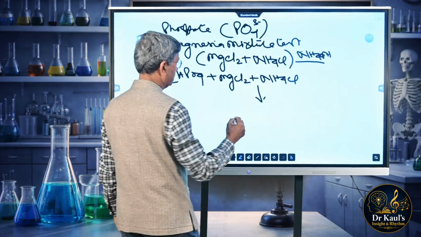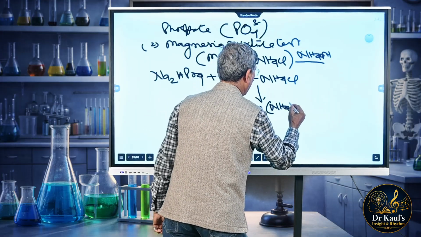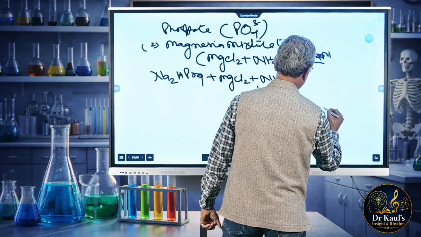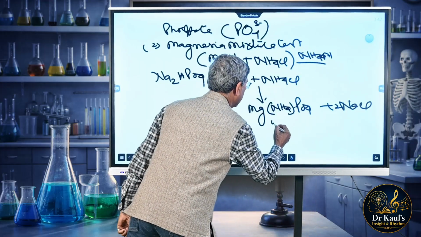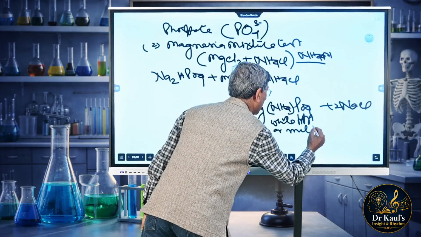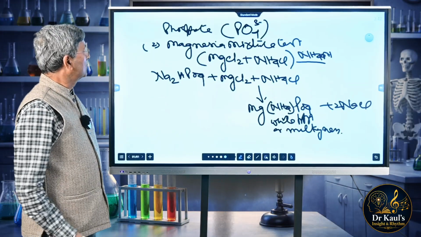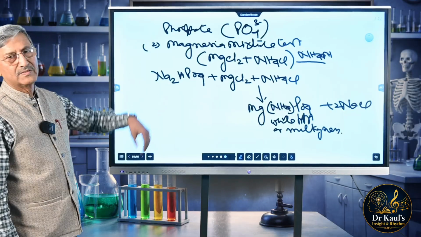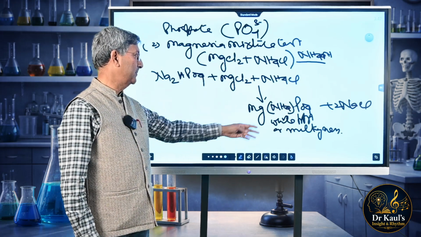We get the formation of magnesium ammonium phosphate, plus of course the formation of 2 NaCl, and this is a white precipitate or milkiness. So the test is that to the soda extract which has been neutralized with acetic acid, we add magnesia mixture solution and we get a white precipitate or milkiness.